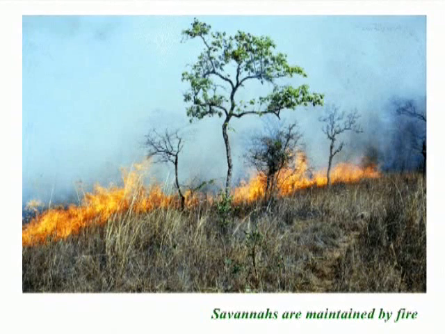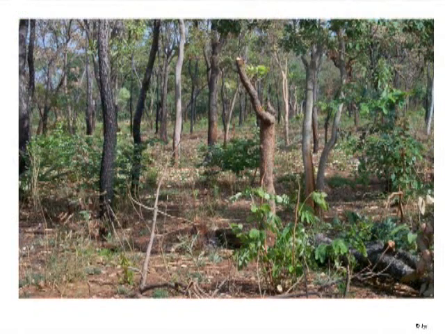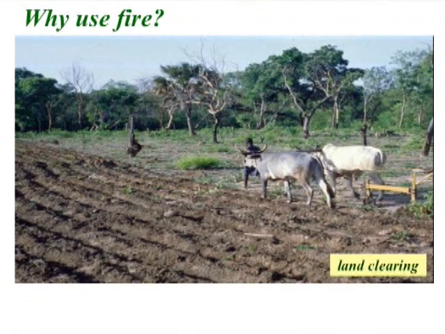And to maintain the savanna, people use fire. They have been using it for a long time. They'll put fire for different reasons: to clear the land, to burn the trees for agricultural purposes. Instead of going there and cutting down all the trees, they'll burn the place, the trees will die, and then they can plow it and put down their crop.